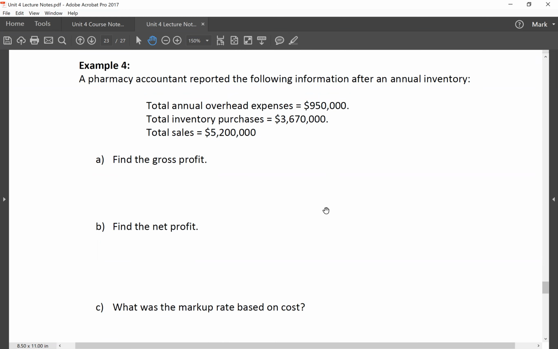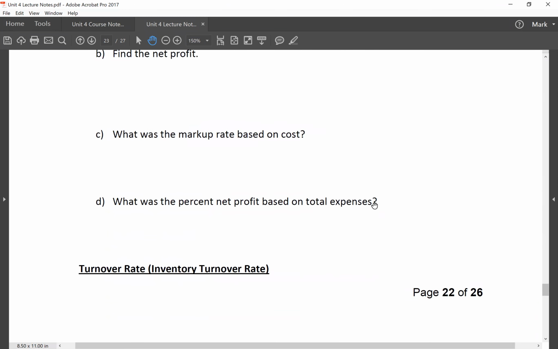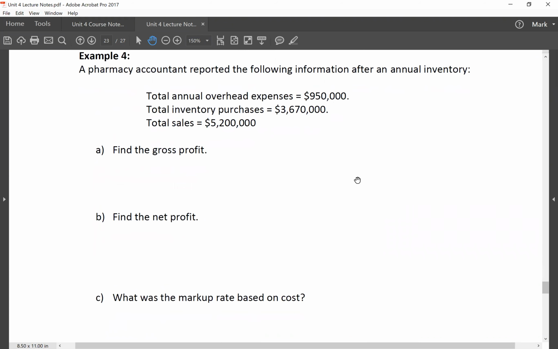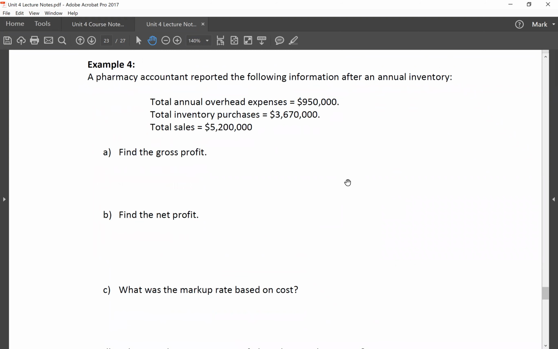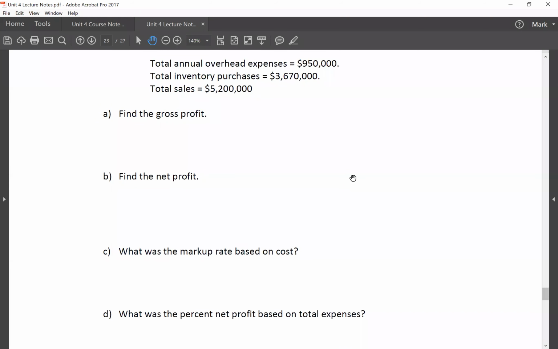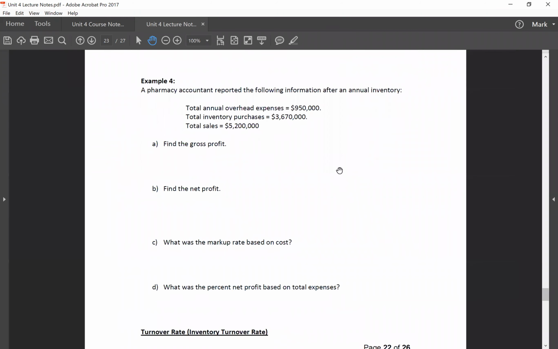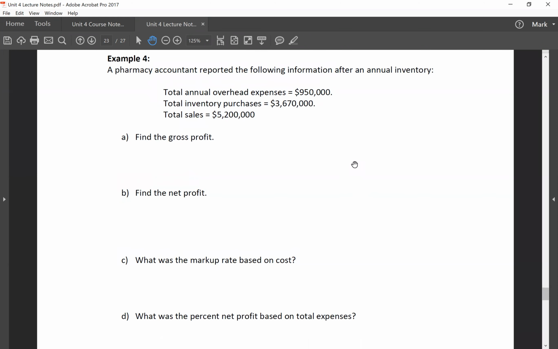Okay, so example number 4. I'm going to just leave this for you guys to practice. So A and B you should be able to do because of what I just showed you. C we did yesterday, and I'm going to leave this for a couple minutes to give you guys a chance to practice.